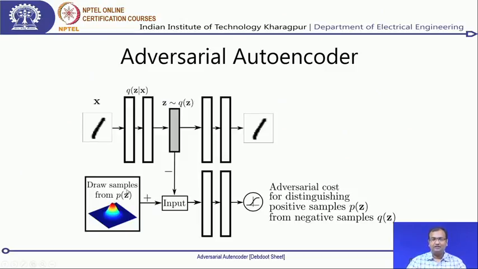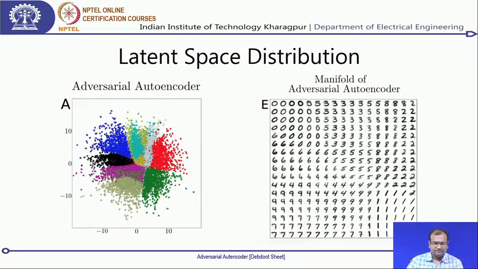Then, given any random number taken from PZ, because QZ is almost the same as PZ, if I draw a random number from PZ, I am going to get an image coming out here. So, this is a plain straightforward mechanism of doing an adversarial autoencoder.